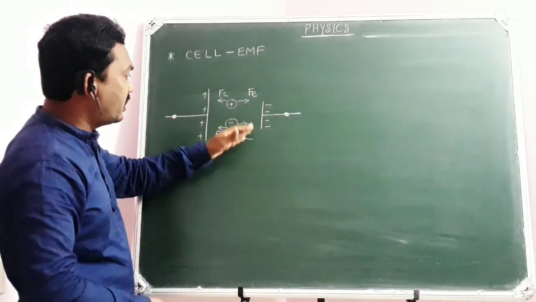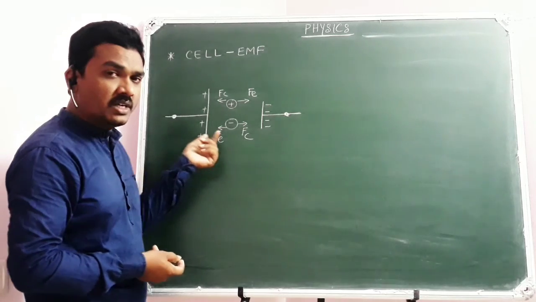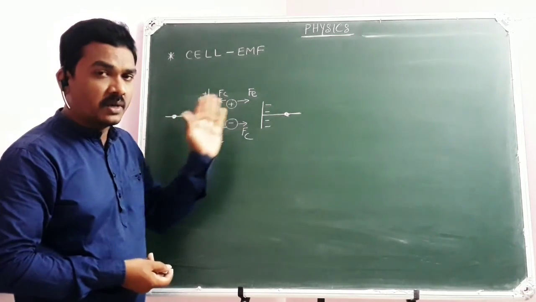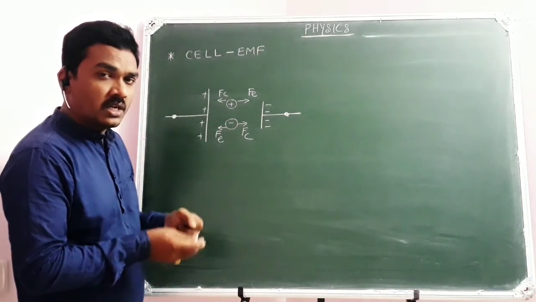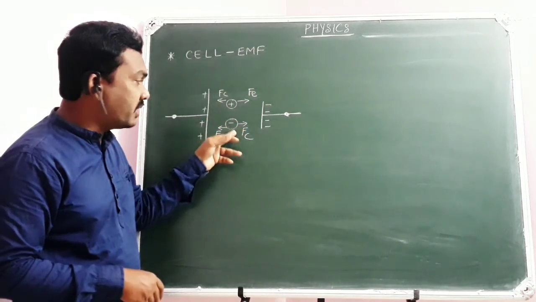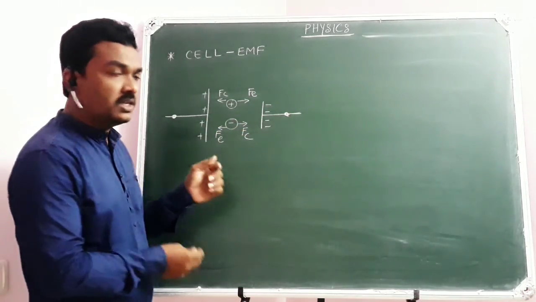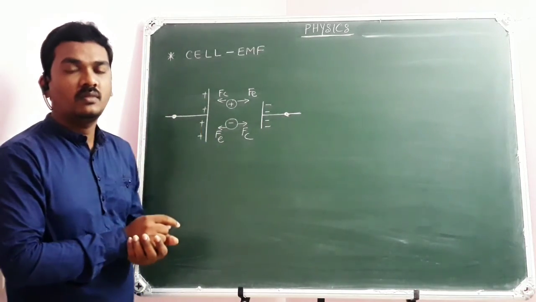As the concentration of ions is increasing on the plates, there will be an electric force of repulsion that keeps the further ions in the electrolyte in equilibrium. So due to that equilibrium condition, a constant potential difference will be maintained.